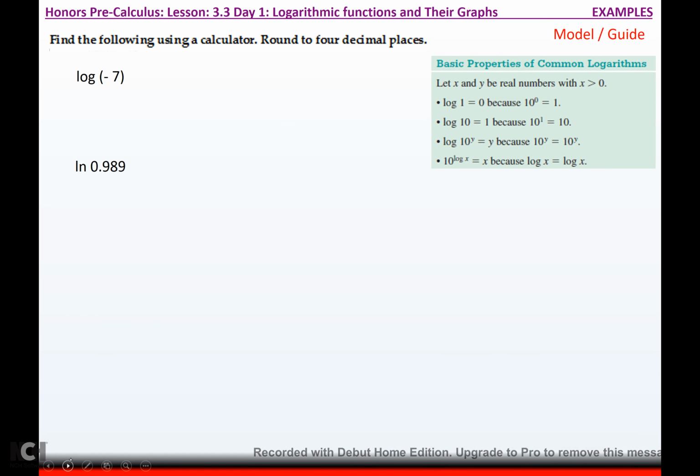Alright, it says find the following using a calculator. Please remember, the only time a calculator works is if you are in base 10. The calculator does not work for any other base than base 10 or your natural log, because you do have a natural log key. Give me just a second to grab the calculator.